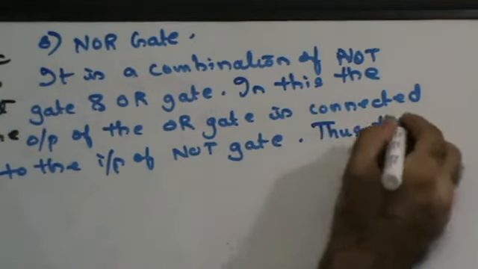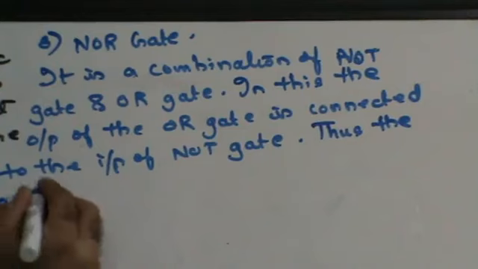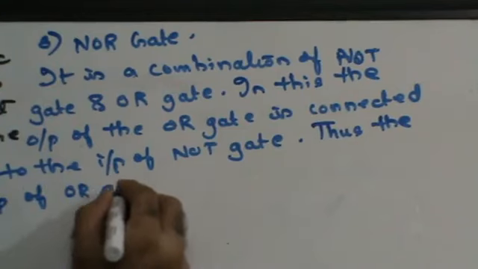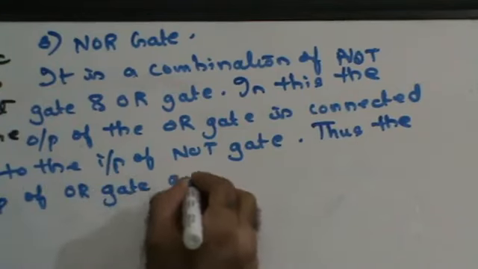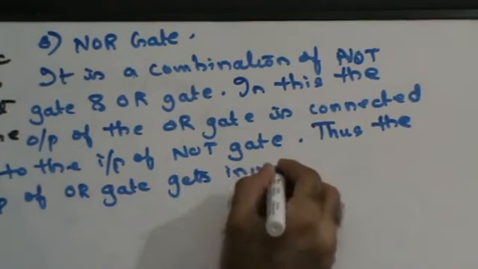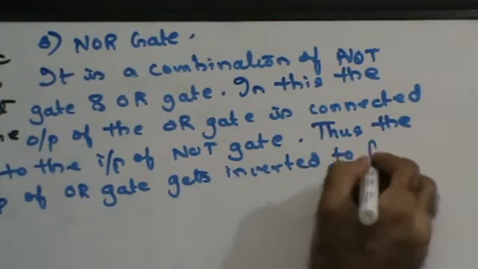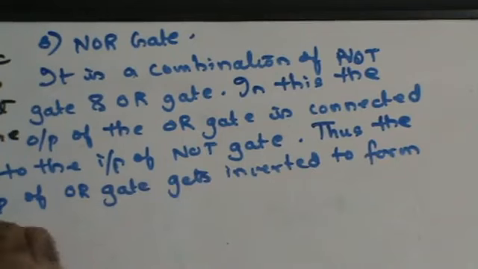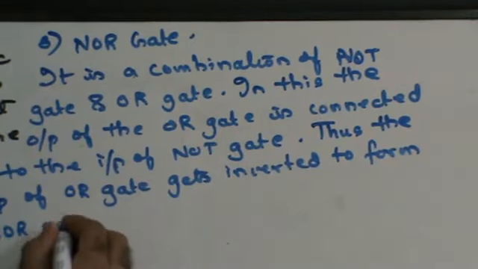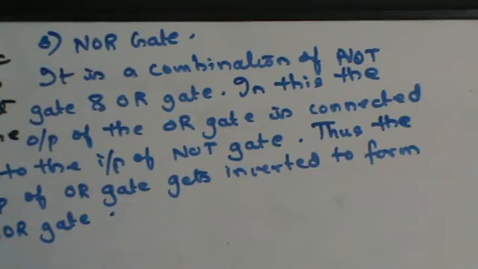Thus, the input of OR gate gets inverted to form NOR gate. Right? So, what is a NOR gate?